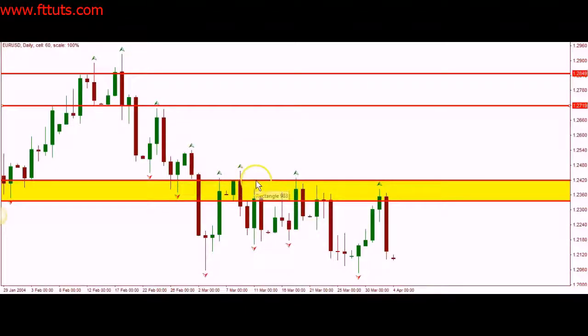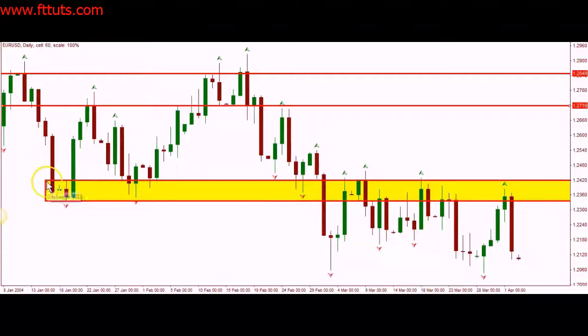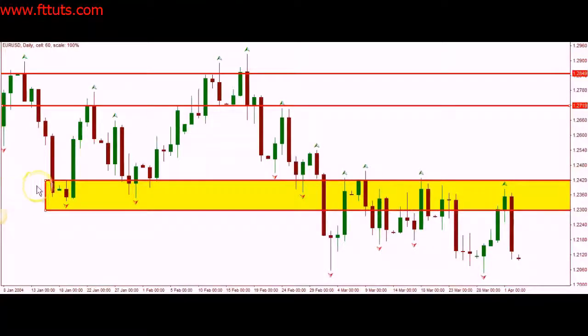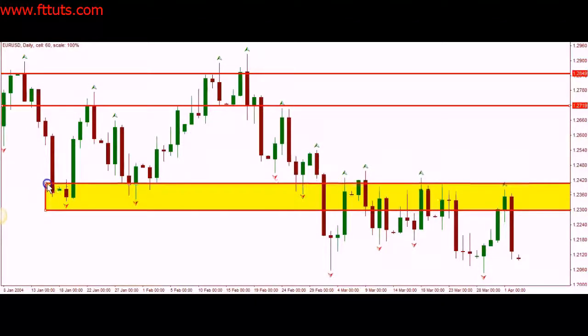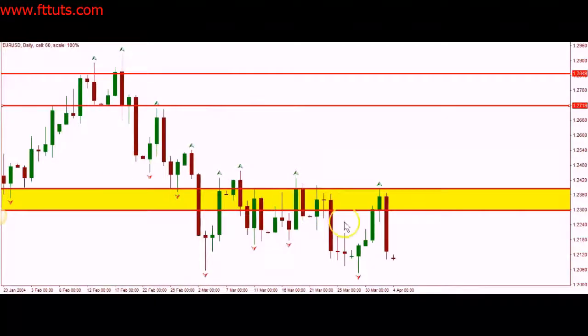So this was our zone, and now we're going to change our zone to this. Now we're looking at that. So now I'm looking at this as my supply zone.